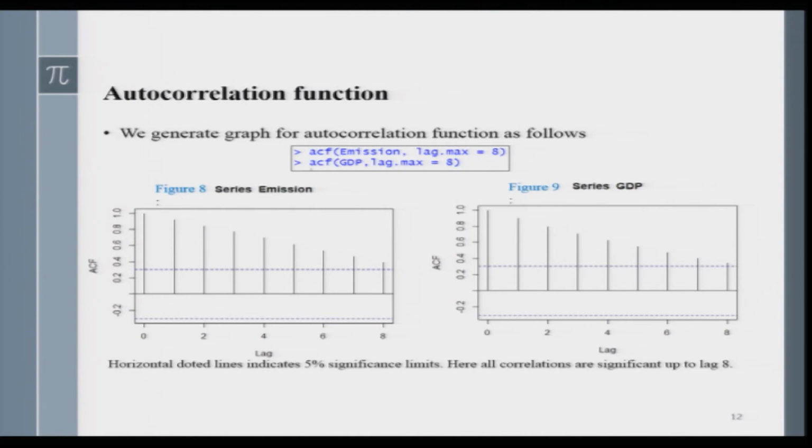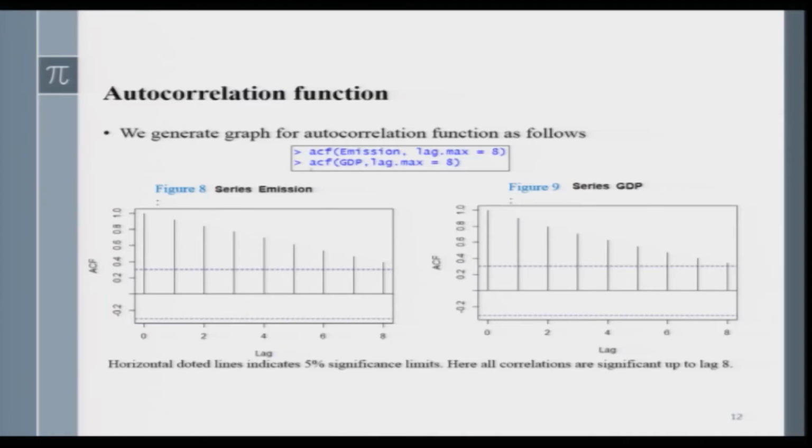Note that there is one theoretical result, that at lag 0 the autocorrelation function will always take the value 1, and let us see whether that is fulfilled by the data. If you look at the diagram, at lag 0 the autocorrelation function takes the value 1 for both series, so it is fulfilled. Now look at figure 9, which is the sample autocorrelation function for GDP.